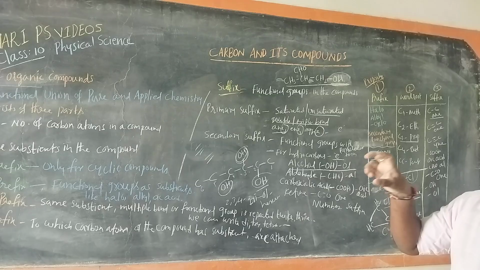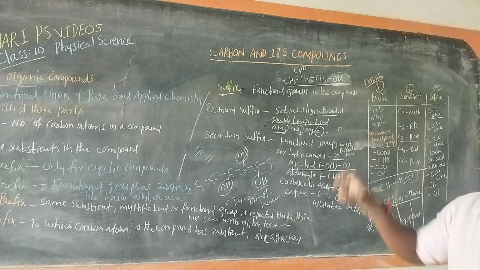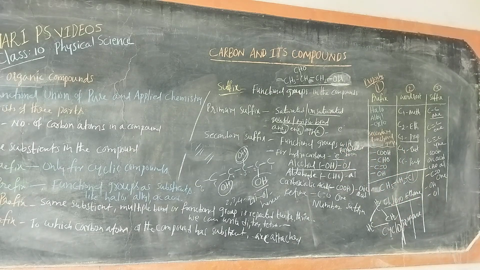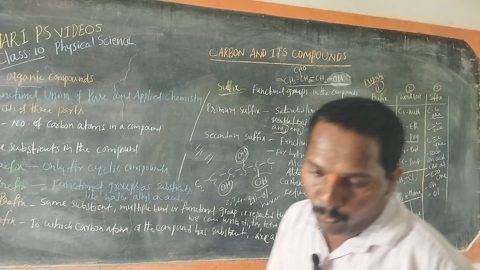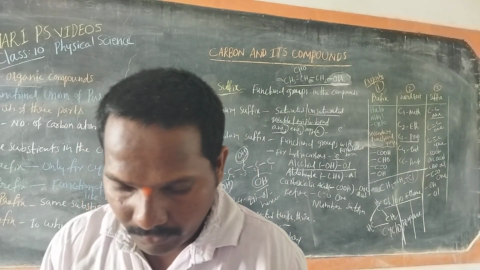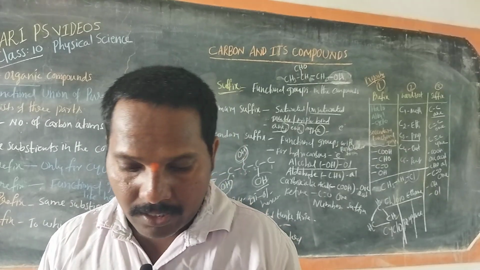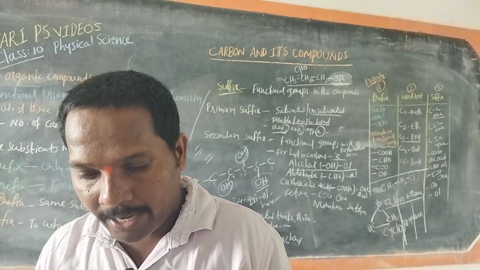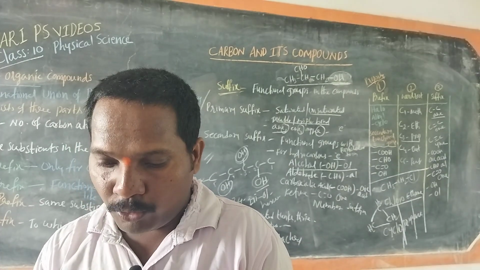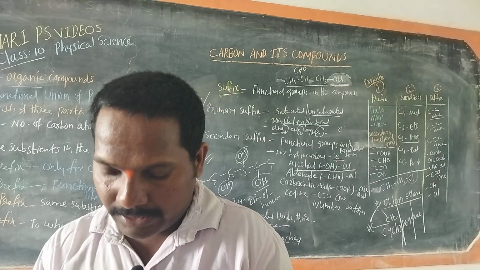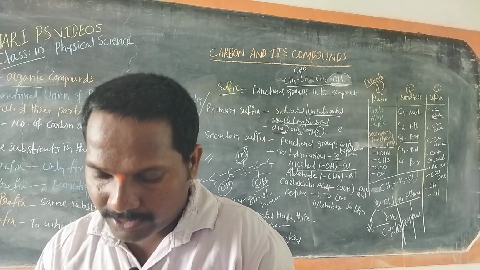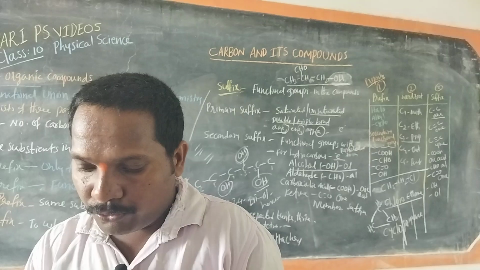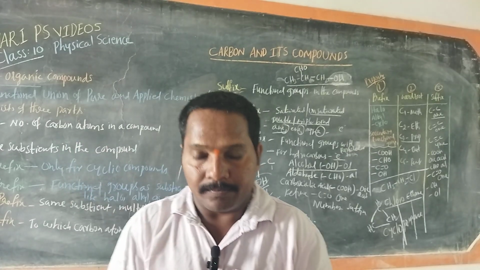IUPAC: International Union of Pure and Applied Chemistry. Then we will discuss the rules. After the rules, we need to write names. Before that, we will take a few examples. Then we need to follow some order.